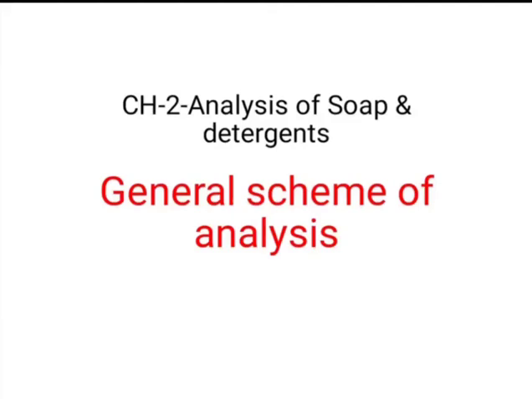Hello everyone. We have started chapter number 2, analysis of soap and detergent. In the previous two lectures, we have seen the general scheme of analysis of soaps and detergents: sampling, then volatile component estimation, then alcohol soluble components estimation, after that alcohol insoluble components, and then according to their properties there is a separation of soaps and detergents.